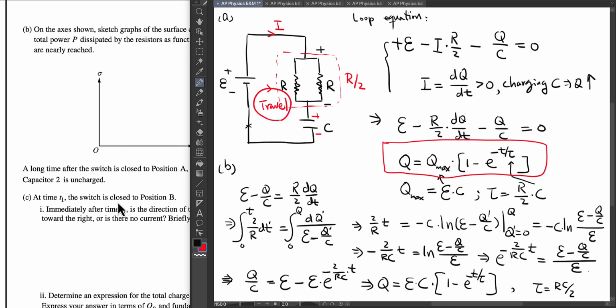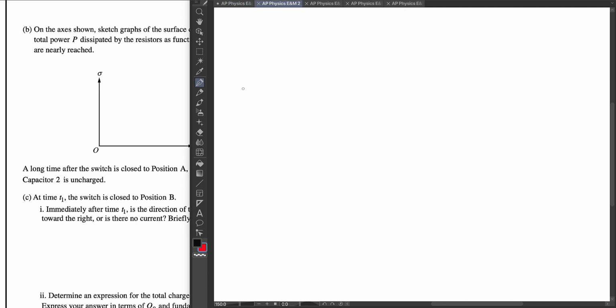So now the remaining question is how to plot that curve. Let me go to the next page. So the charge density is Q over S. I'm going to assume S is the area of the plate of the capacitor. So that equals EC over S, 1 minus E to the negative T over tau, where tau is RC over 2.